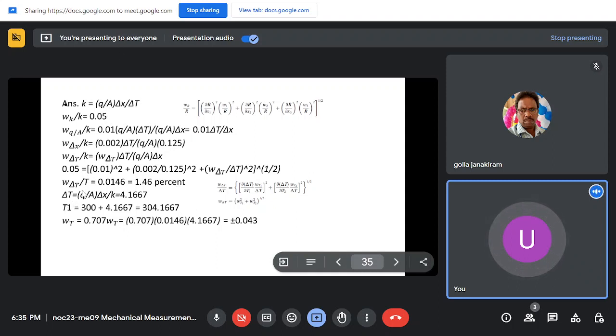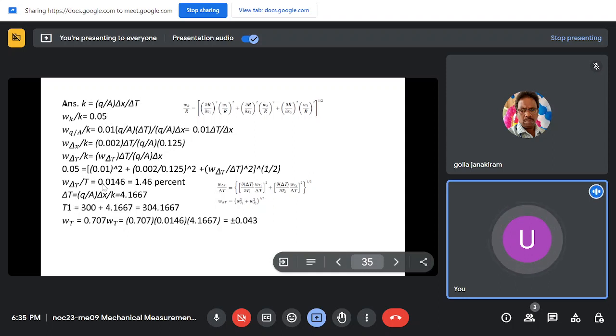Then the next part is you have to calculate the temperature of the other plate. The first plate is given as 300. So we know the expression for delta T. You have to just reshuffle the first expression from Fourier's law, and then we'll get delta T is heat flux into delta X divided by thermal conductivity. We know all the values.